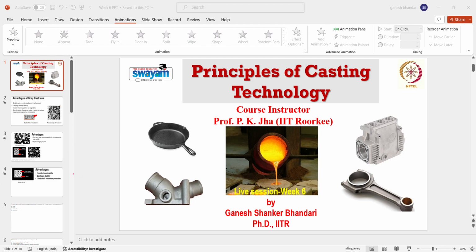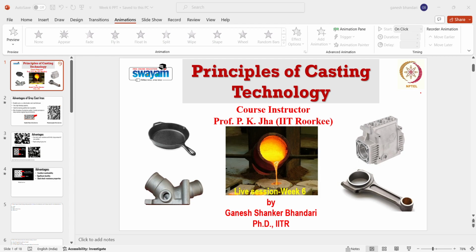So C is correct because we can convert that type of iron into a sheet formation. It is known as malleable iron because it has very high malleability properties due to the presence of ferrite and pearlite in that system.